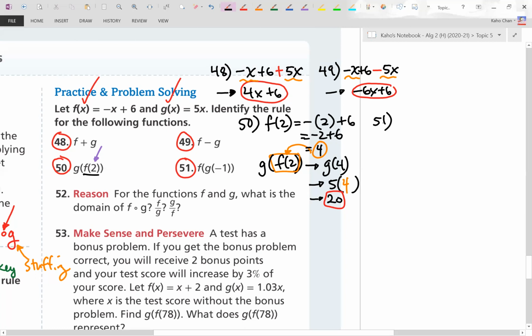We're looking at f of g of negative 1. We want to put negative 1 in for g first. Plug it into g. So negative 1 goes in there. 5 times negative 1 is negative 5. Now you take that negative 5 and plug it into f.